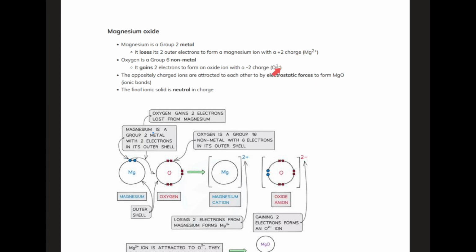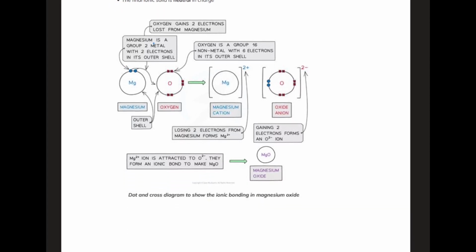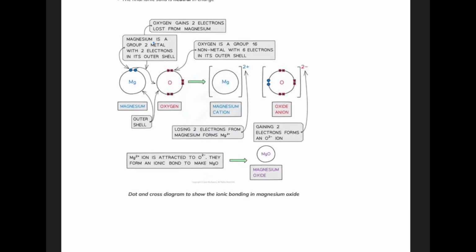They can just cancel off their charge, and they attract each other through electrostatic forces. Then they form MgO as the ionic compound. So they are neutral at the end. So this is how it works. 2 electrons from magnesium come here, and they form the ionic compound. Okay, so MgO is the formula at the end.